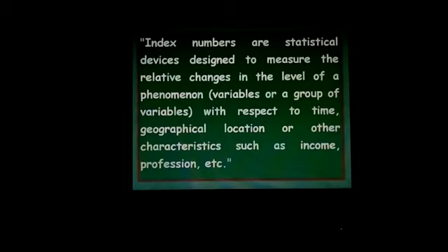Now one step ahead is given in this definition. Index numbers are statistical devices designed to measure the relative changes, as we know already, in the level of a phenomenon.